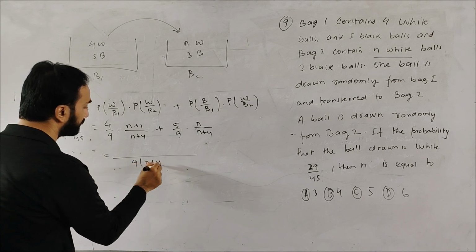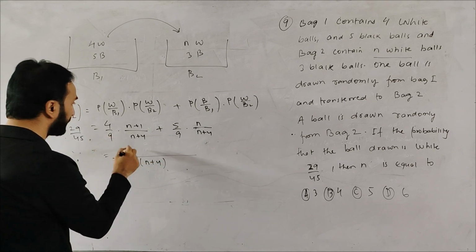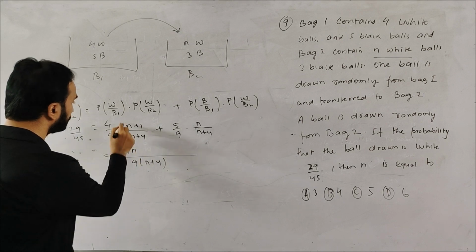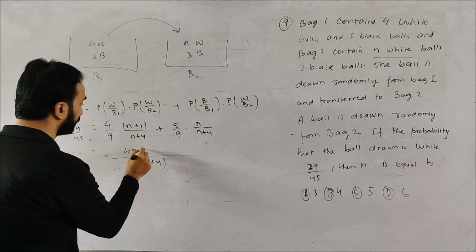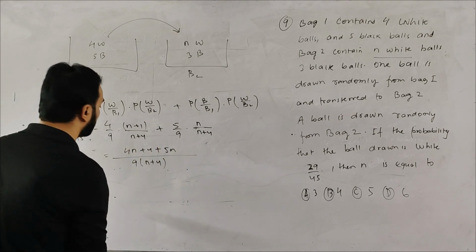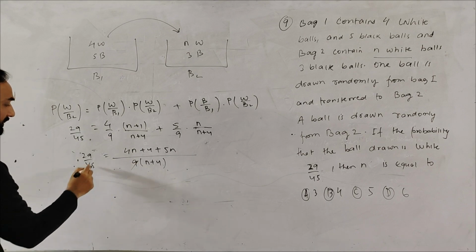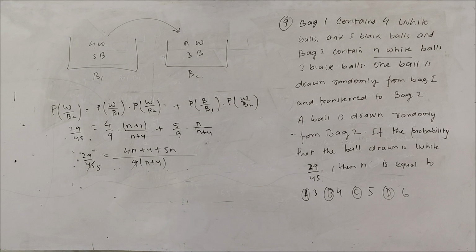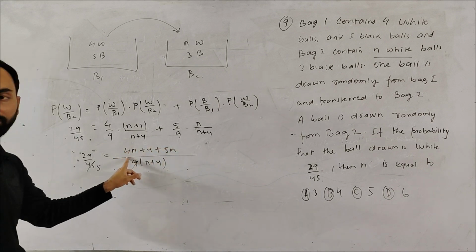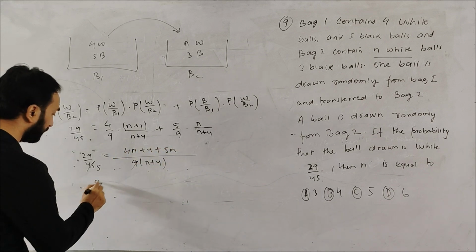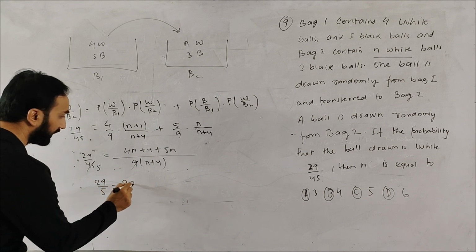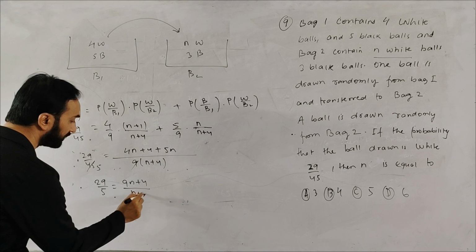The 9s cancel out. We get 4n plus 4 plus 5n, so 9n plus 4 divided by n plus 4 is equal to 29/45, which gives 29 by 5.